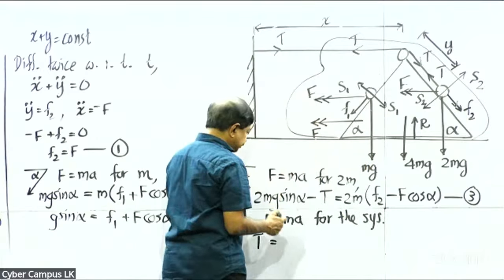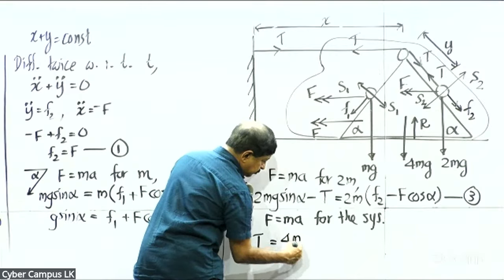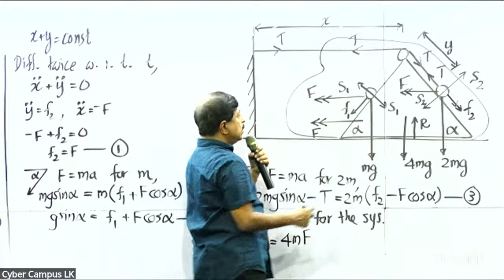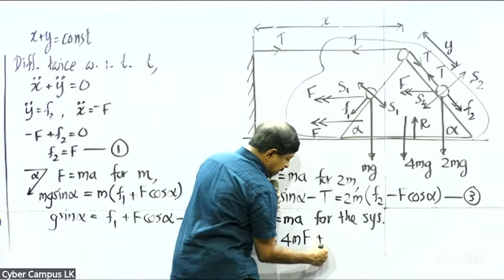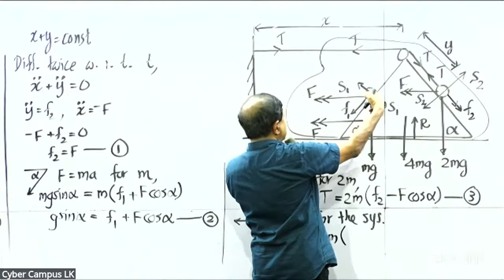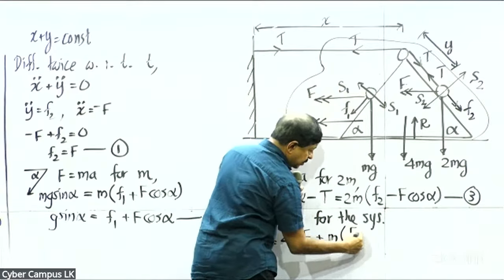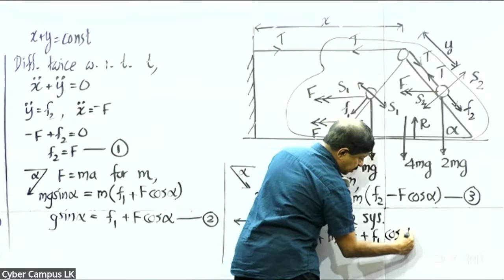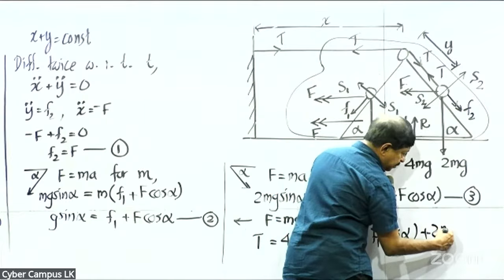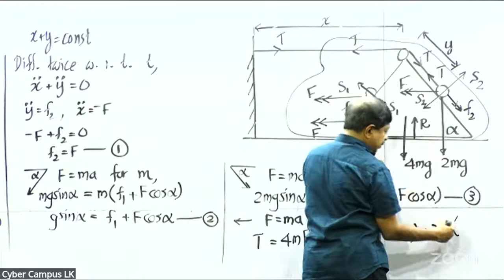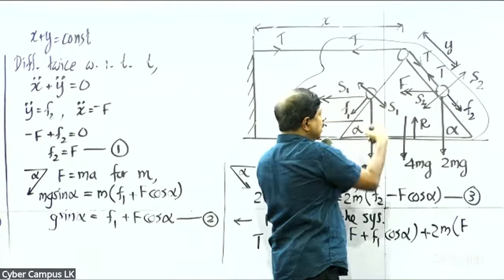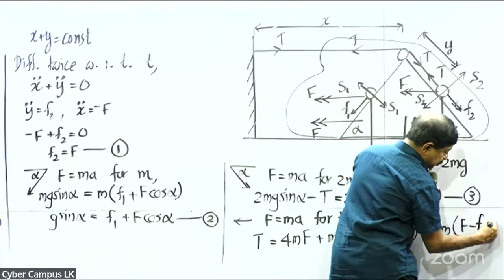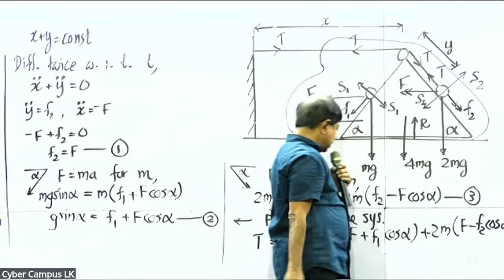This is 4M, and its acceleration is capital F. Then if you take this, that is M, accelerations are capital F plus F1 cos alpha, plus 2M, this is F, you apply the equation in this way. This is F2 cos alpha, but it is in the opposite direction. So you have minus F2 cos alpha. That's the fourth.